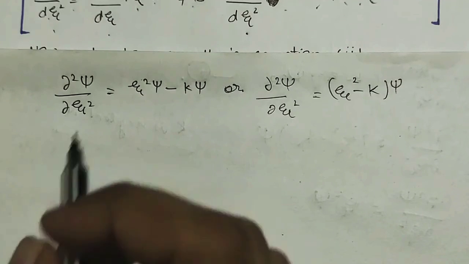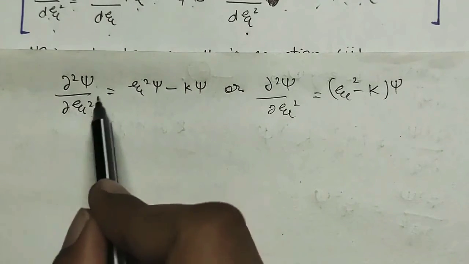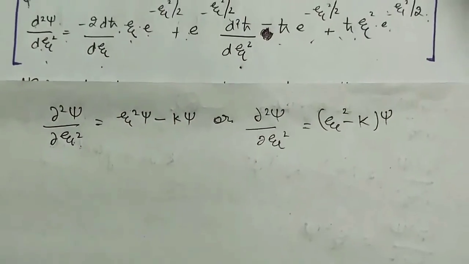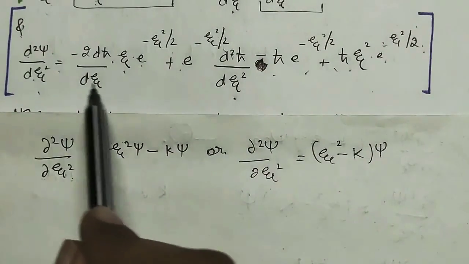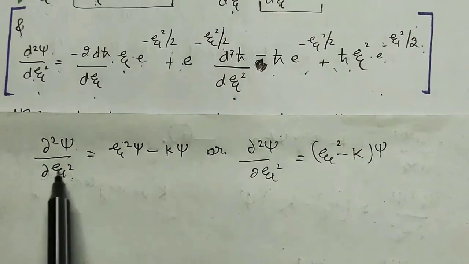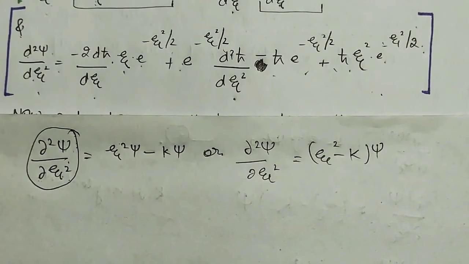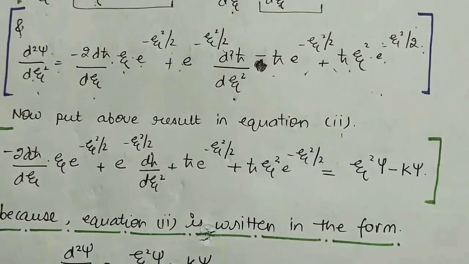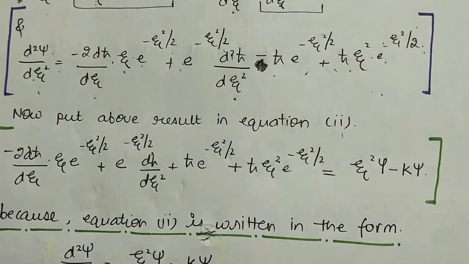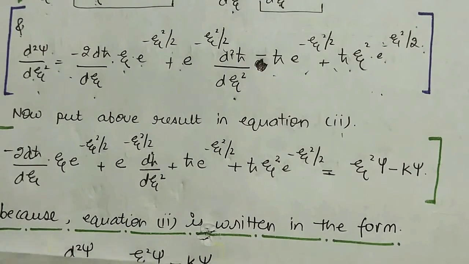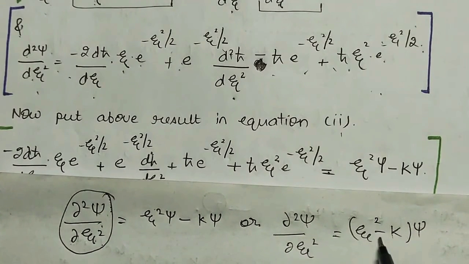Now I have to put the del square psi over del j square value here. The value is this. Take this value, it is replaced by this. Now the equation becomes, after replacing, this whole value comes here equal to this whole value, equal to j square minus k psi.